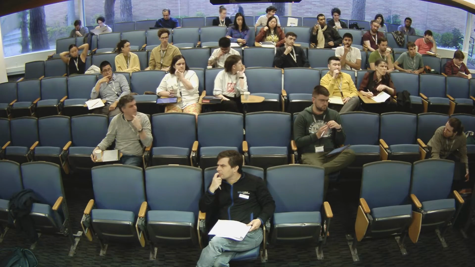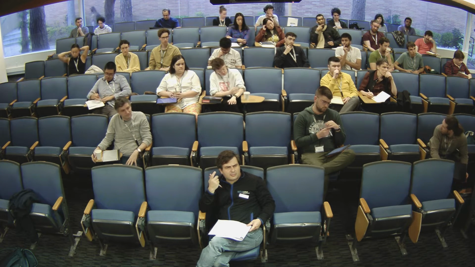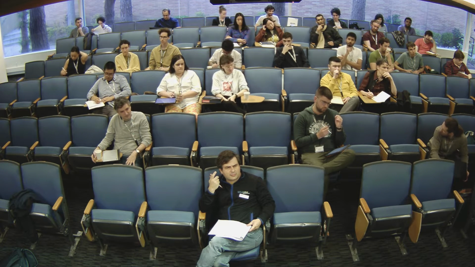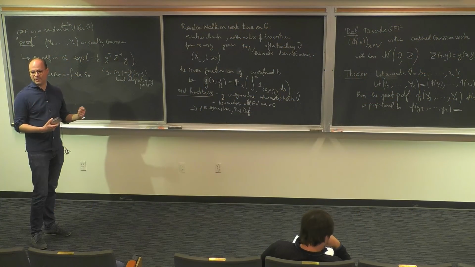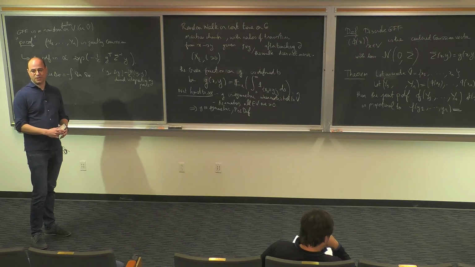Yes, it is almost surely equal to 0 on the boundary. That's a consequence of the fact that on the boundary, G of delta delta is 0, so the variance is 0, and the mean is 0.